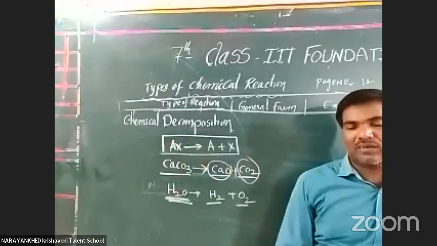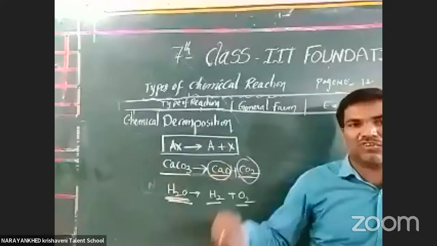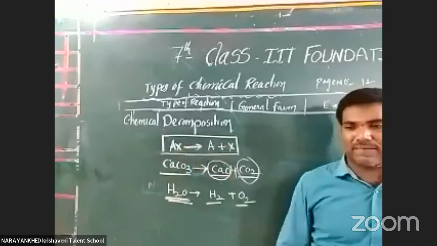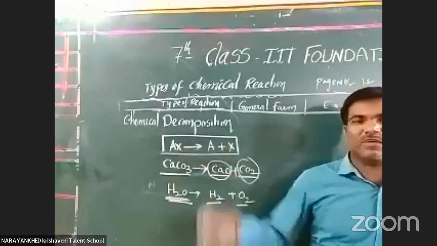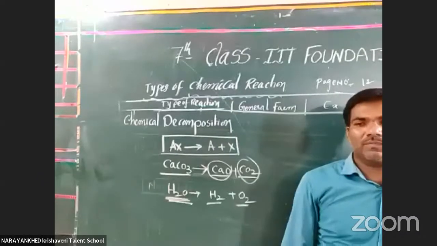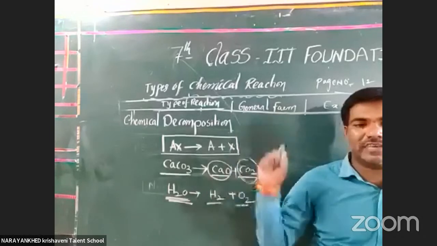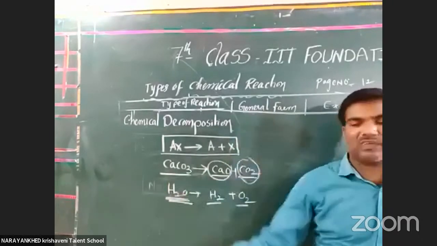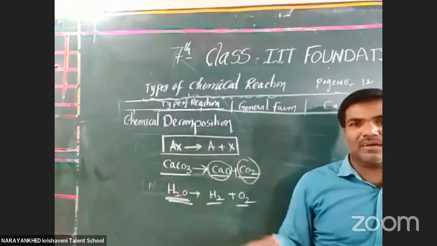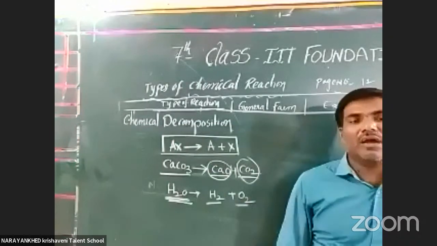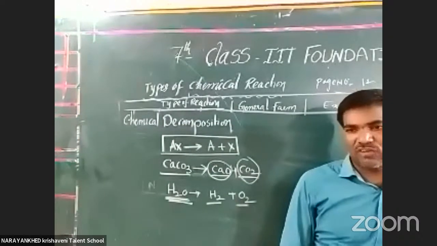Okay, clear or not? Here one substance is dividing into two substances. It occurs because of energy given or energy taken from it. In both cases it may occur. That is only called chemical decomposition. Understand all of you?